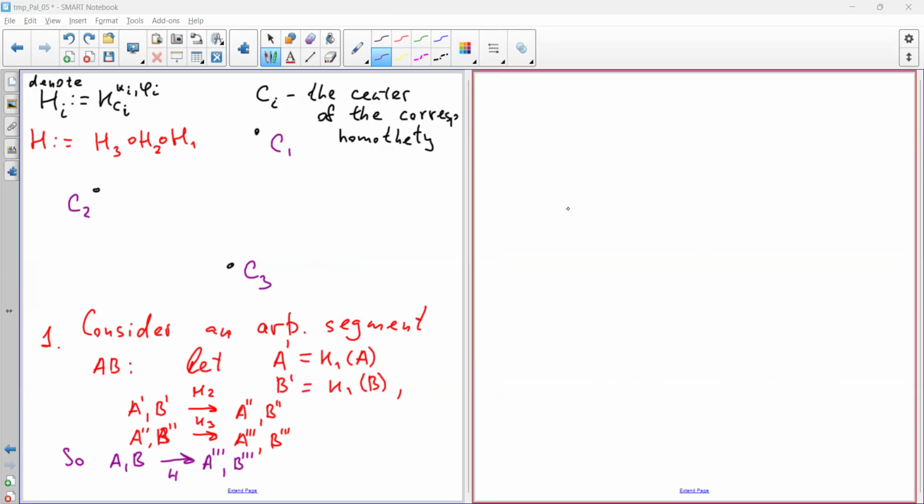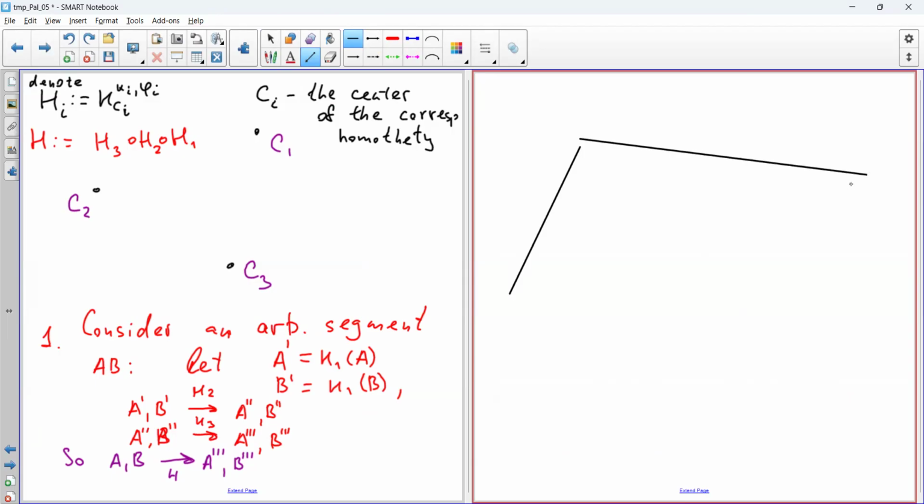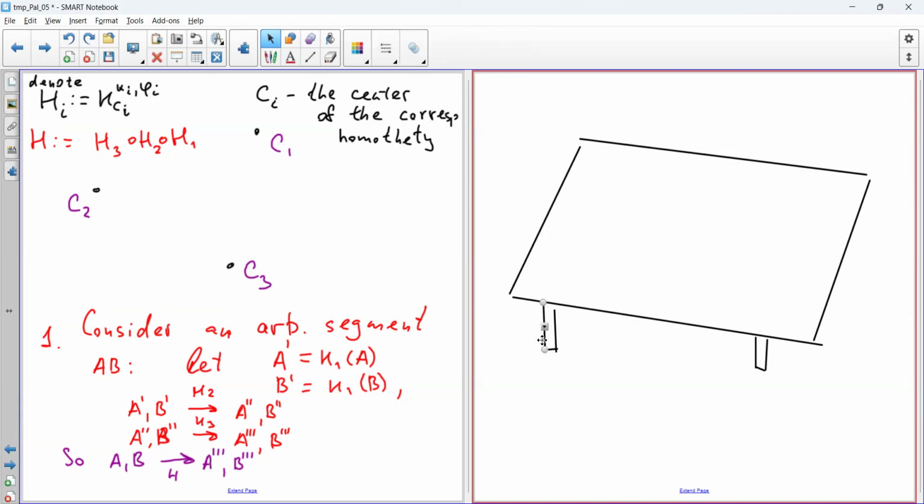For me, the model would be the following. You have a table, a firm table, which would be your model of the plane. The table would be our plane.